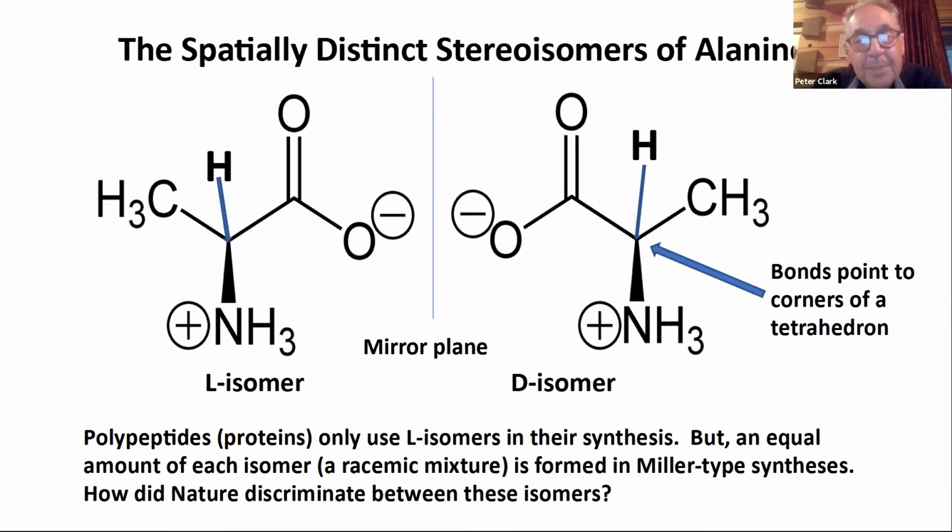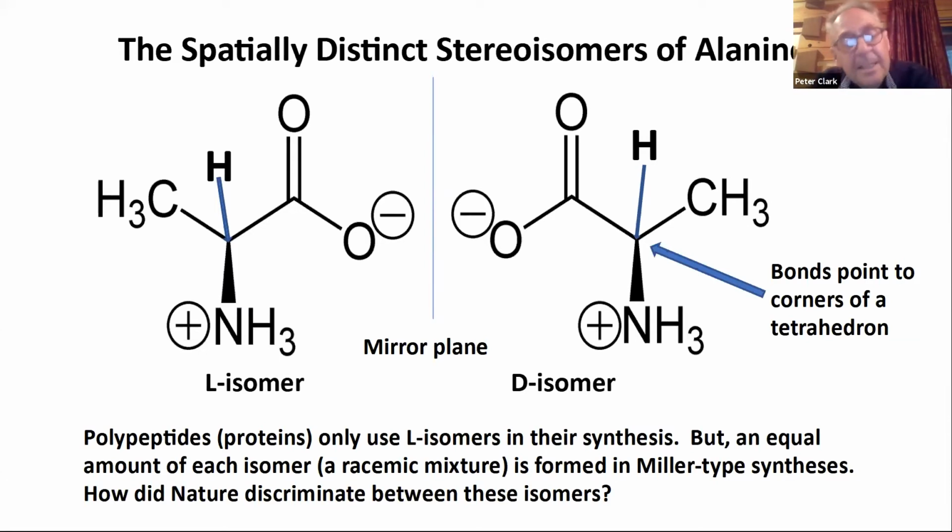Surprisingly, perhaps, it doesn't matter how hard you try, twist this molecule around and try and superimpose the L isomer on the D isomer, you cannot do it. It's like trying to superimpose your left and right hand. It can't be done. And I think most people are aware of this.